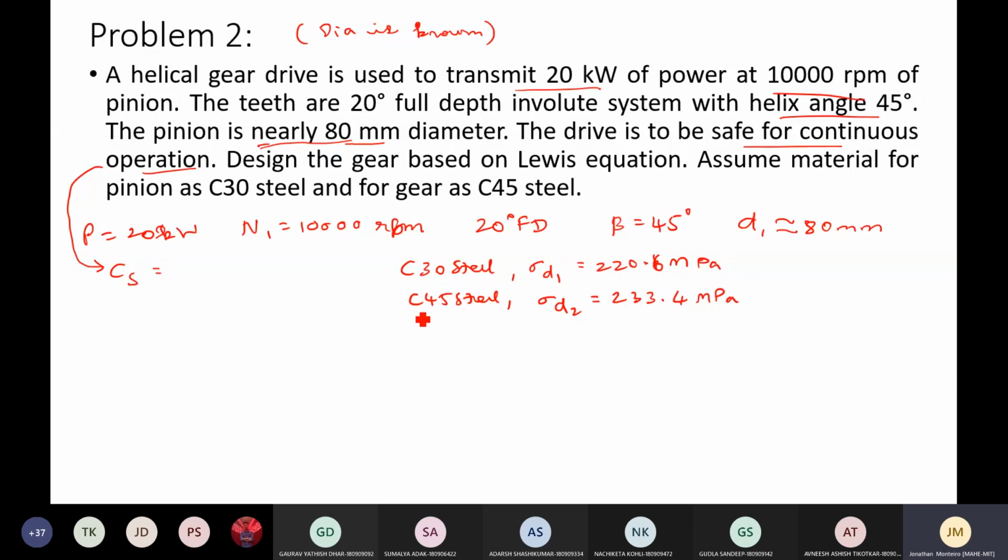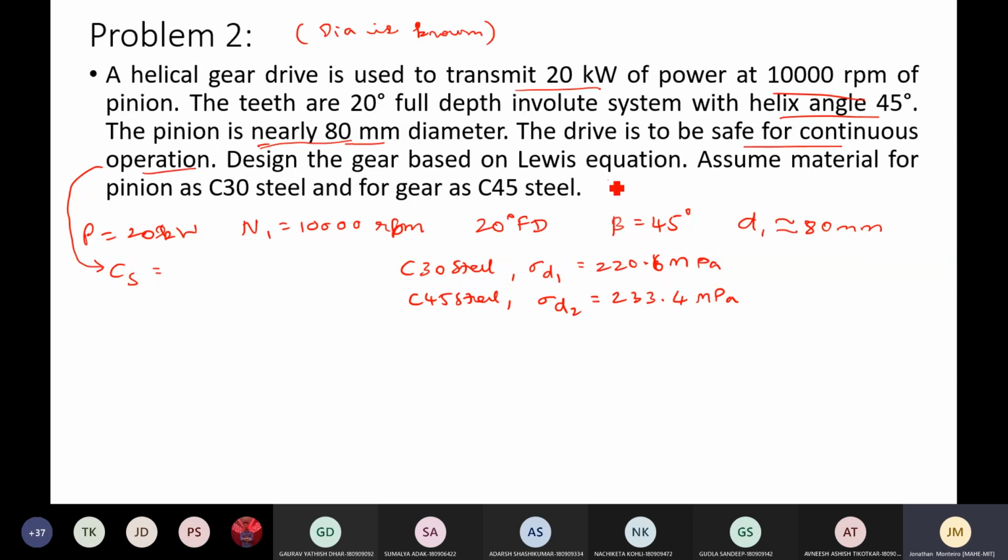In this problem particularly, we don't have the number of teeth to start with. So I think one data is missing. Let me just check. Yeah, one more data is missing.